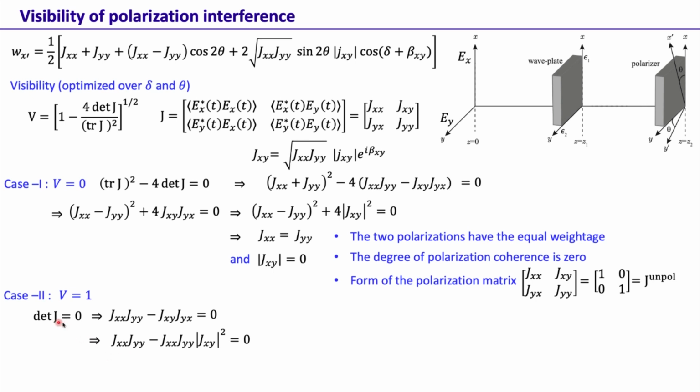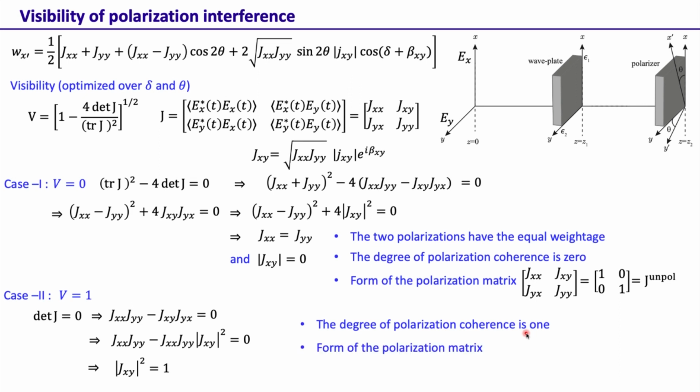So determinant J equal to 0 means that we have this. This then implies that this |jxy| squared quantity has to be equal to 1. So if this quantity is equal to 1, this basically means the degree of polarization coherence is equal to 1. So when visibility is equal to 1, the degree of polarization coherence is equal to 1.